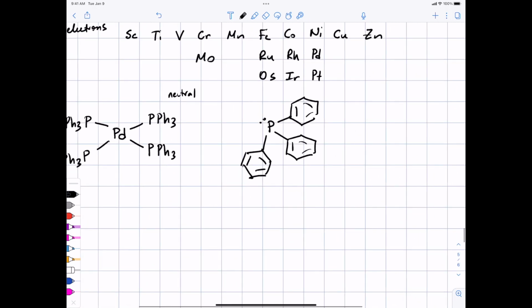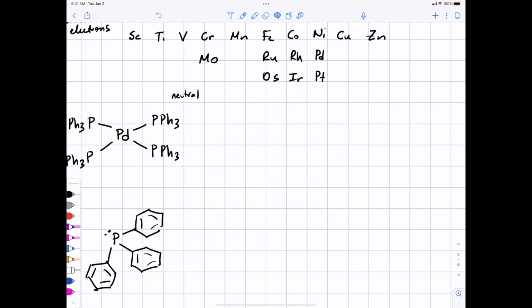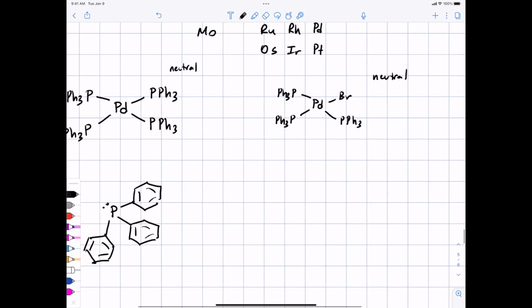Let me show you another complex involving palladium. This is also neutral. Okay.